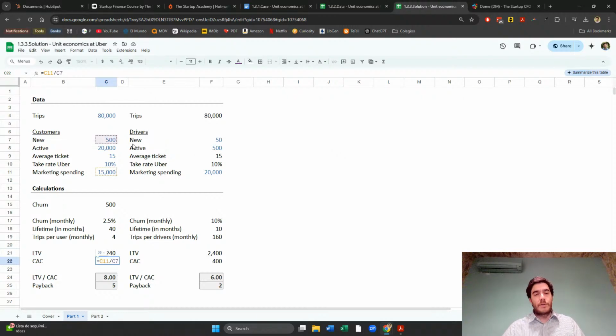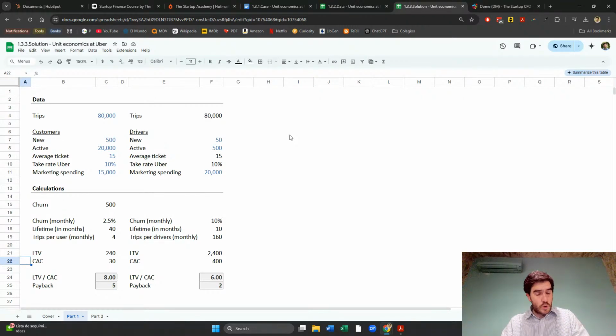And then the customer acquisition cost: if we spend 15,000 euros on acquiring 500 customers, each one costs us 30 euros. It is true that it's not often the case that we think in terms of CAC, even in bigger B2B companies. You don't say, I put 30 euros somewhere and I get a new customer.